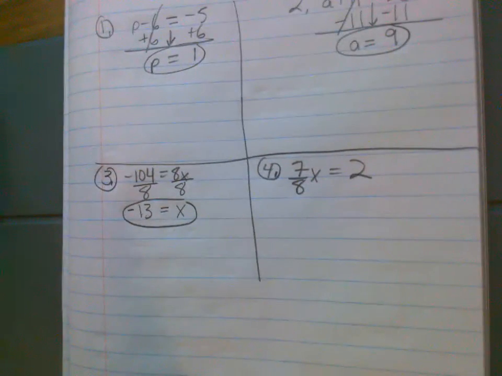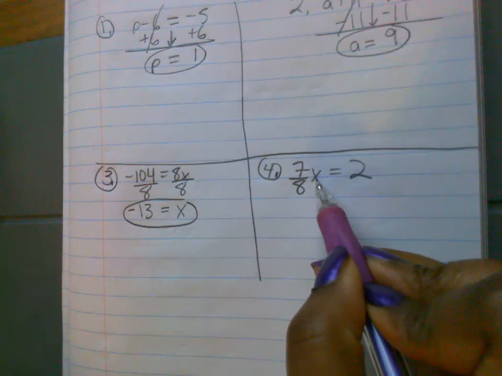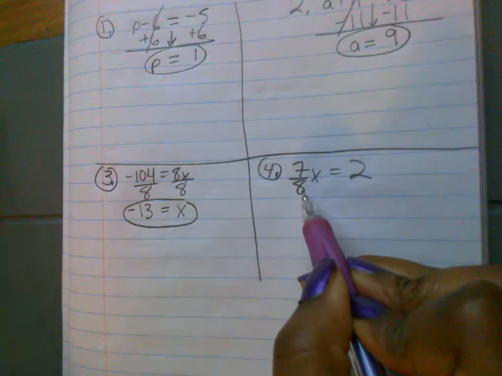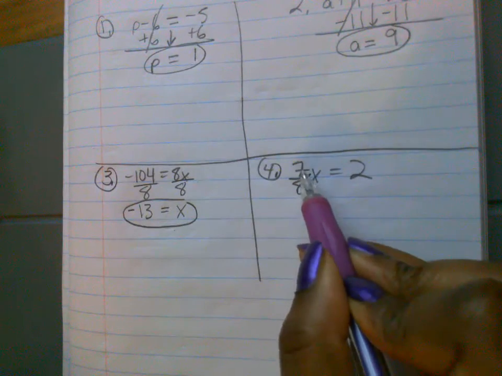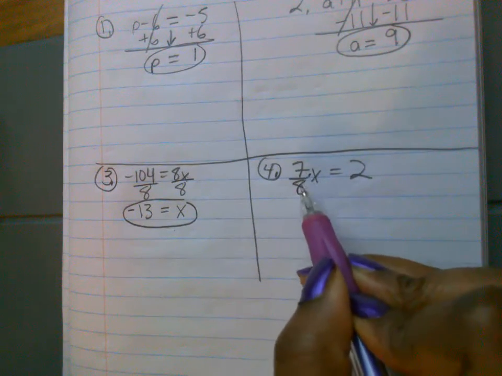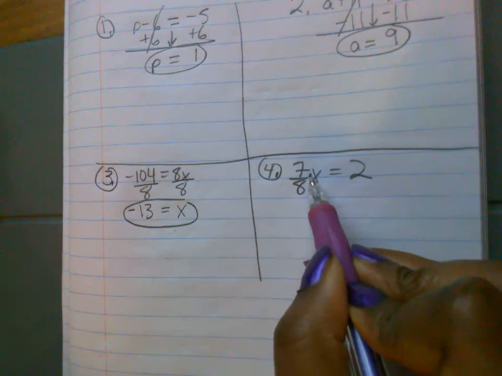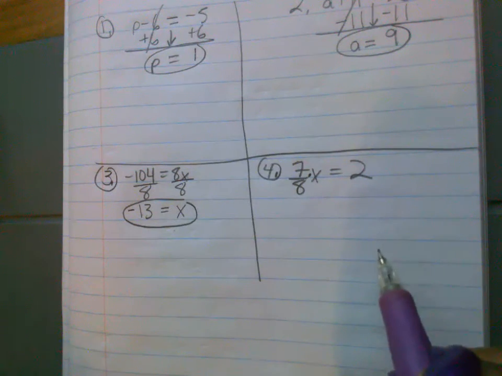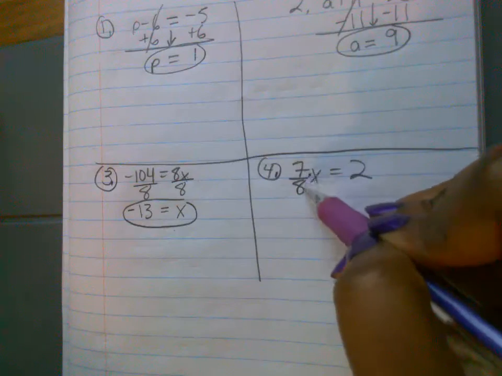All right, number 4, in order to get X by itself here, you've got to get rid of the 7 over 8. The operation between 7 over 8 and X is multiplication. The opposite of multiplication is division. When I divide by a fraction, dividing by a fraction means that you multiply by its reciprocal.